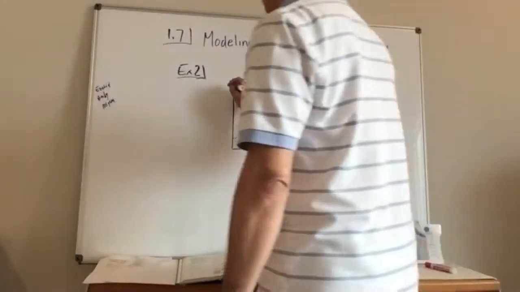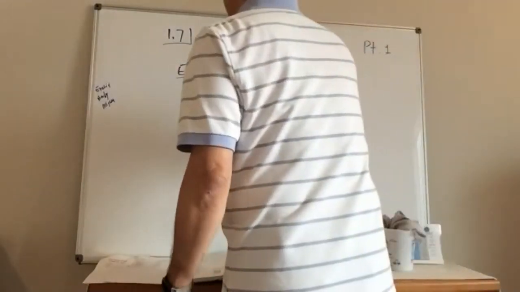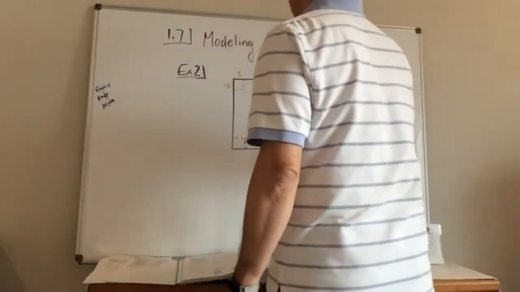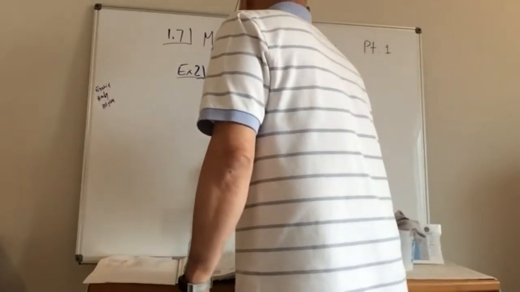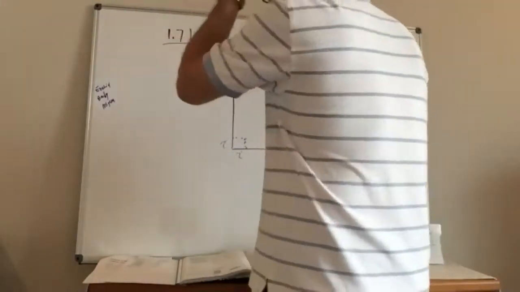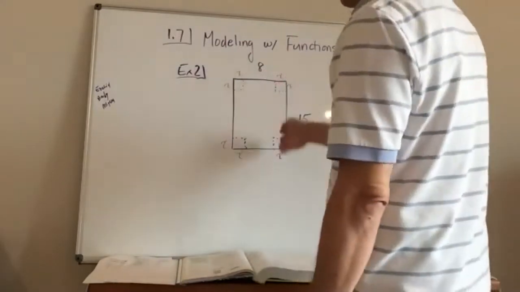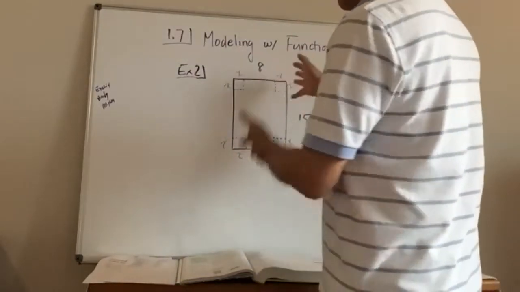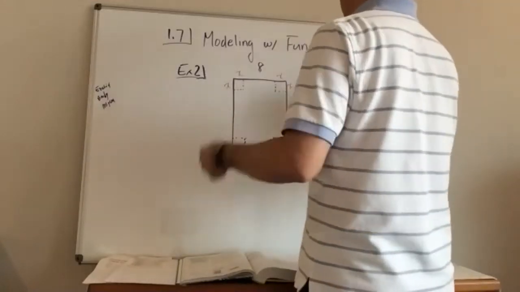So we have an x by x, you're cutting this square out, right? Okay. So to find the volume of the box that you're going to get, you're going to have to find the length and the width and then the height, right? To find the volume, right? So that would be the volume.